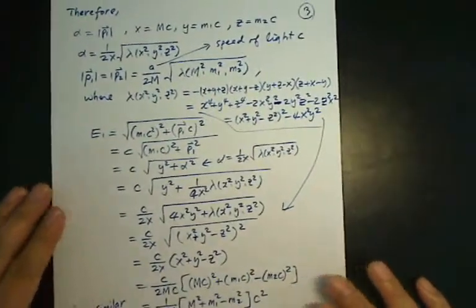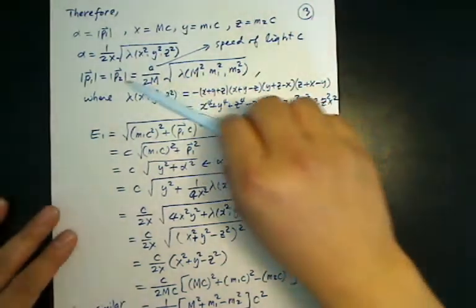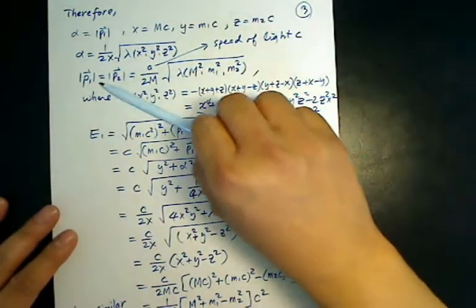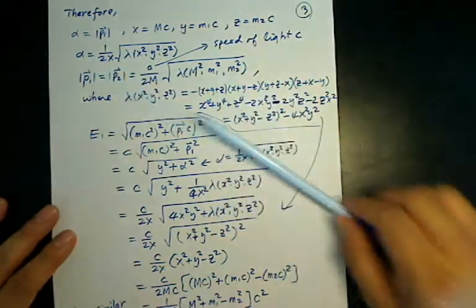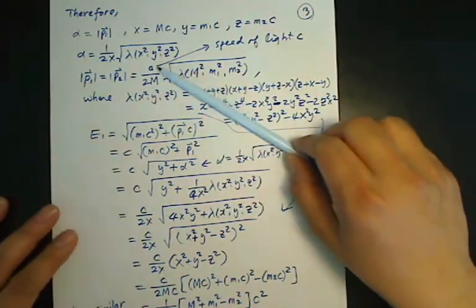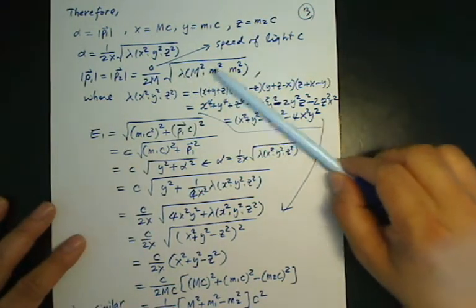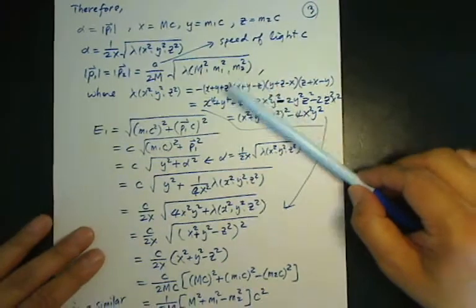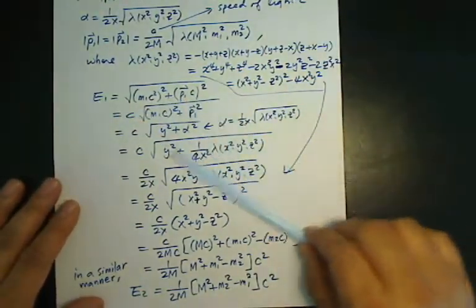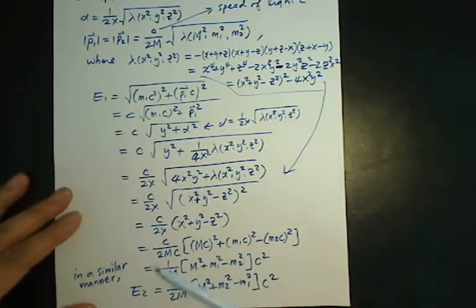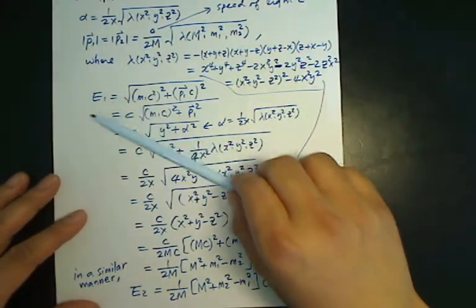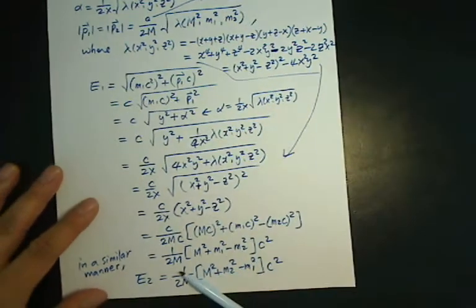By making use of the Källén function, the magnitudes of P1 and P2 at the CM frame are expressed in terms of alpha, and that is c over 2M, the square root of the Källén function of M squared, m1 squared, m2 squared. The energy of each particle can be straightforwardly computed, and the result for E1, the energy of the first particle, is 1 over 2M times this, multiplied by c squared.